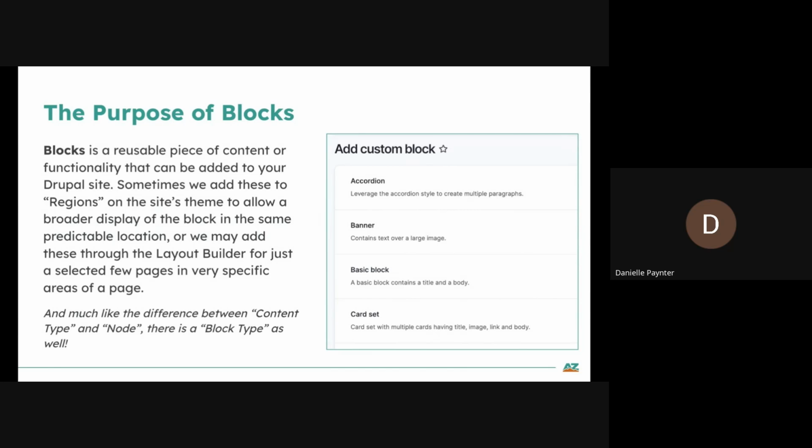And sometimes we'll add them straight through Layout Builder itself. And much like nodes and content types, there is a block type in Drupal 9 and 10 and 11. And it behaves very similarly, where you make your default block type and you can make content within it. It's very similar to paragraphs, and it uses a lot of the paragraph concept.